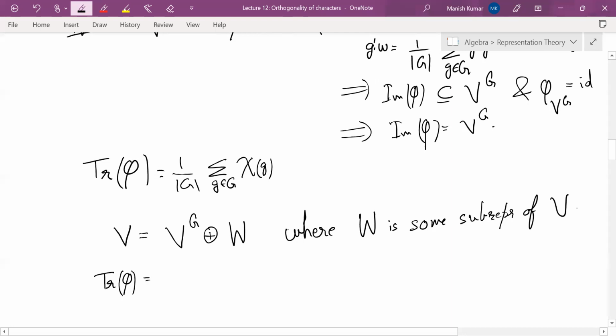Phi is identity on V^G and 0 on the W part.